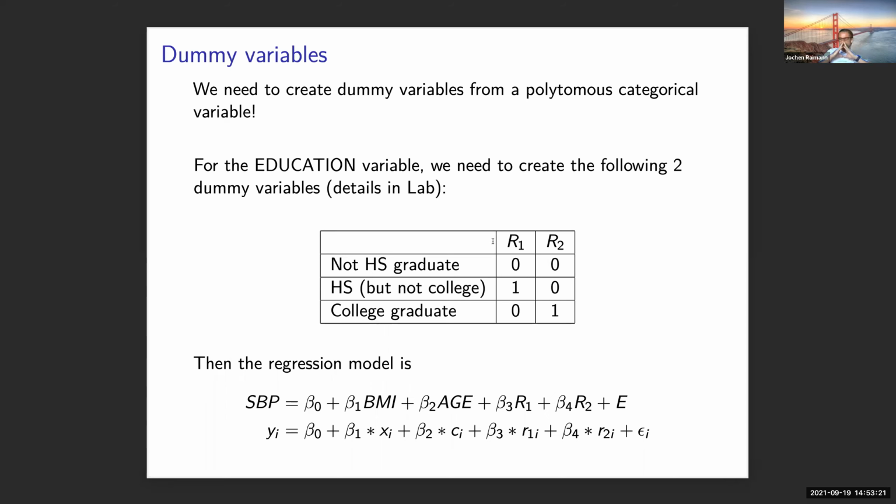A dummy variable essentially stands for the coding of the respective characteristic you want to express. So for the characteristic not a high school graduate, these are those that don't have high school or college, you create that as a reference value. Condition 1 is 0, so you have zeros for everybody that did not attend high school or college.